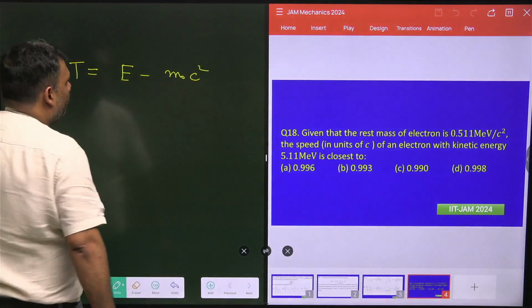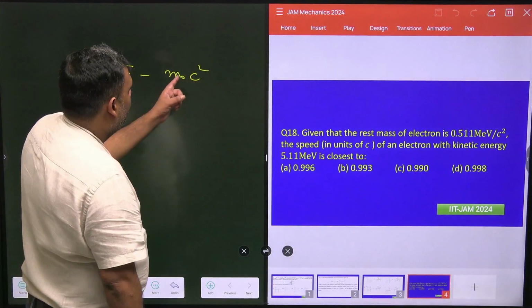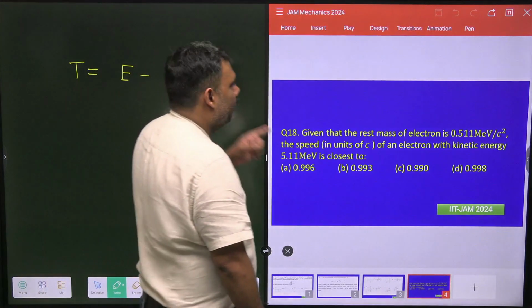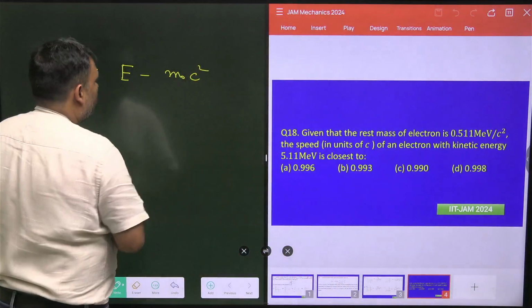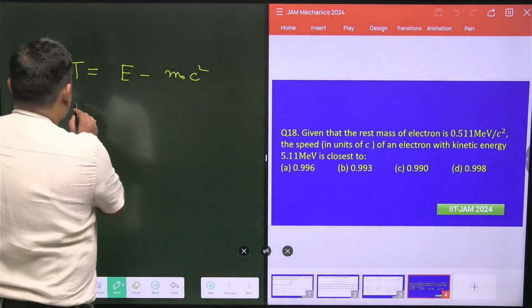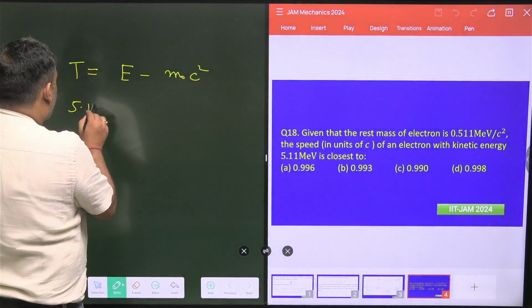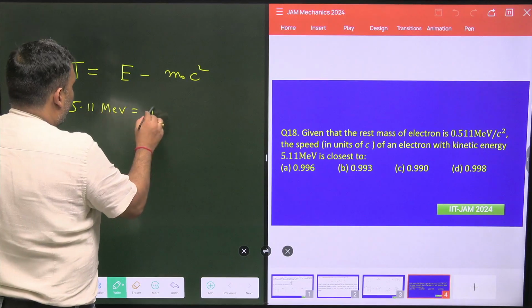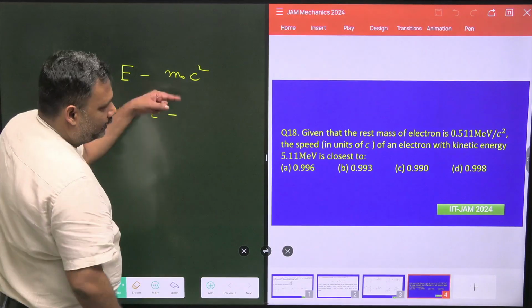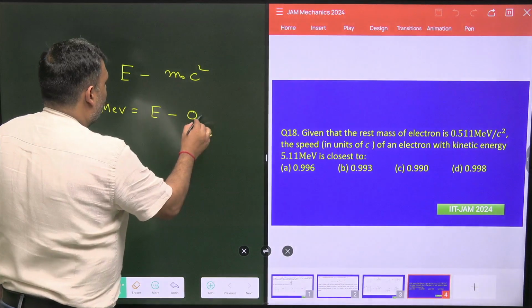The rest mass energy is given, that is 0.511, and the kinetic energy is also given, 5.11 mega electron volt. That is total energy minus rest mass energy.